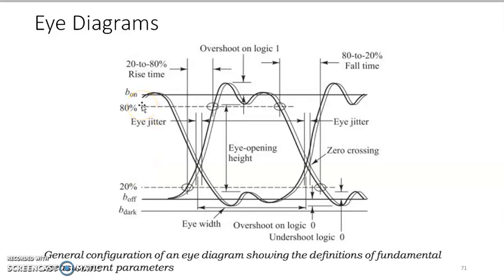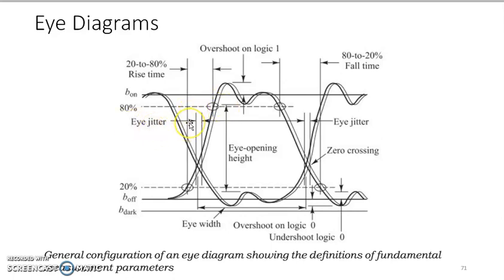Similarly, at the eye opening, a zero crossing takes place, and in this particular duration we can measure what the bit rate, or bit received, is in the given particular signal.